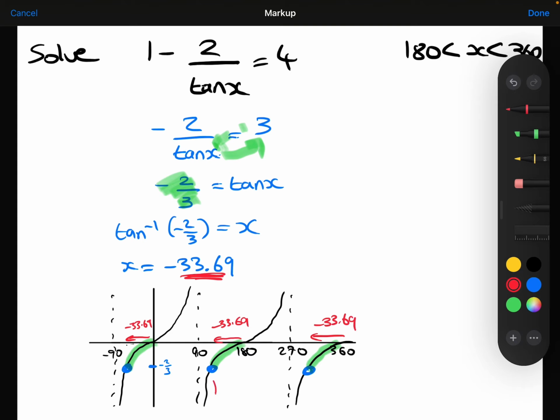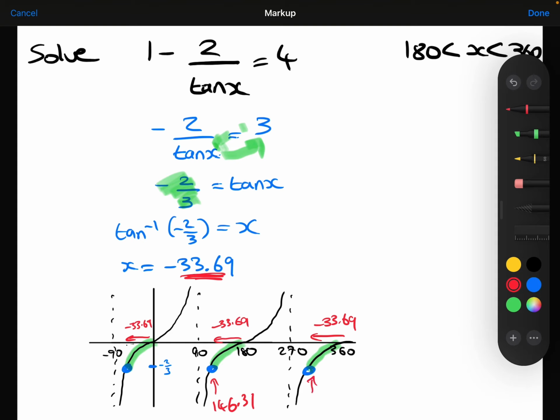So to work out these other angles, I can do 180 minus the 33.69, which would give 146.31. Or I could do 360 minus the 33.69 to get this answer here.